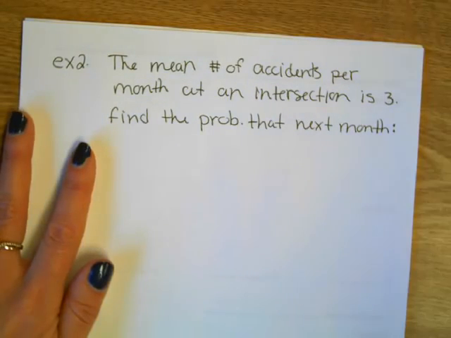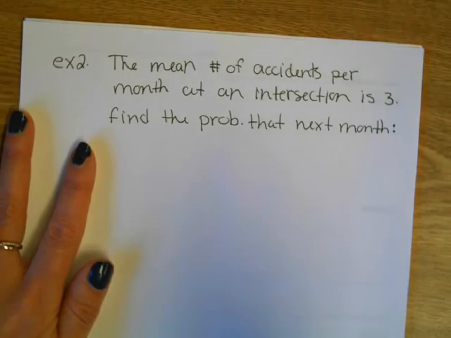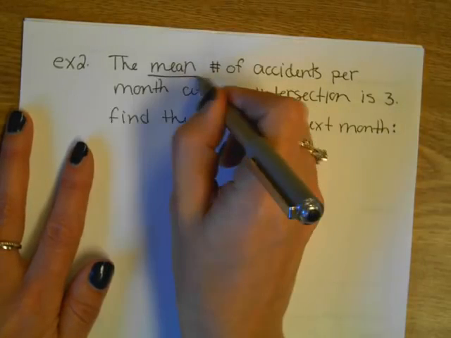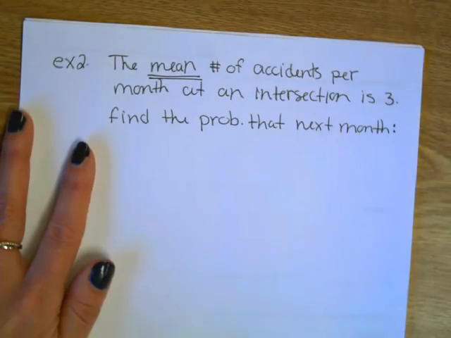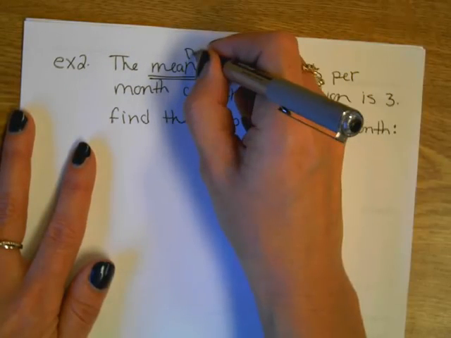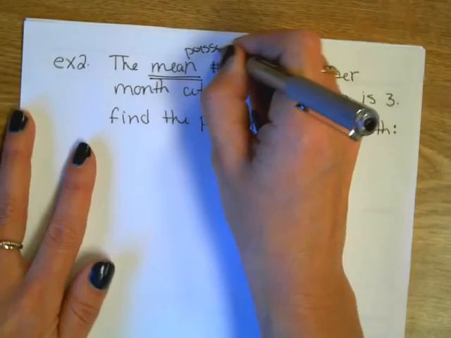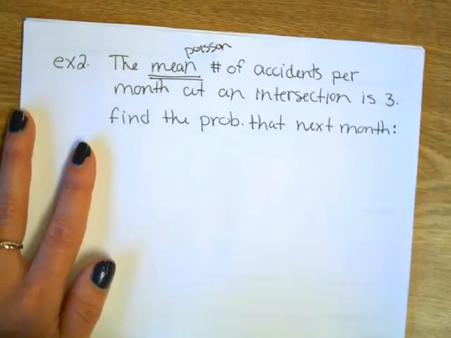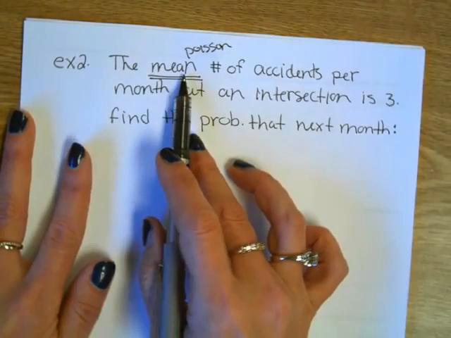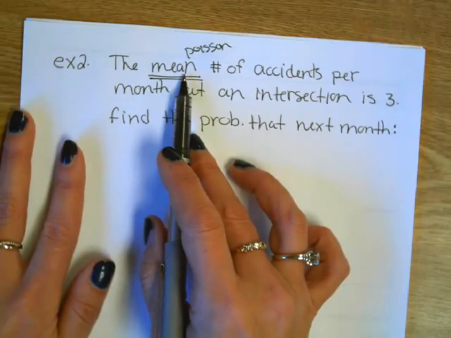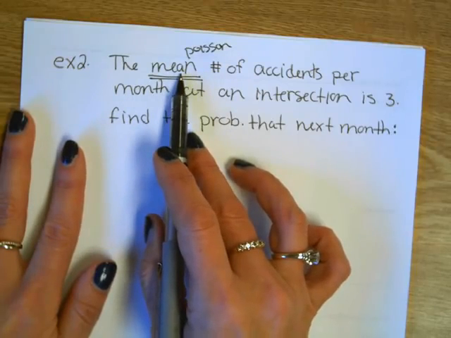Stay with me 5 more minutes. The key word in here that makes this Poisson, listen, is mean. That tells us Poisson. So they're giving us a mean. The binomial doesn't give us a mean. The geometric doesn't give us a mean. Only the Poisson.